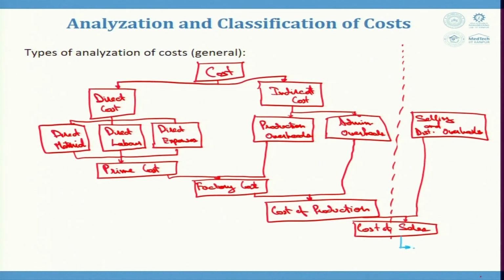From here we add profit into it. To have the costing of the product, we need to add profit over it, and then we get the total selling price. This is the general distribution of the cost of a product.